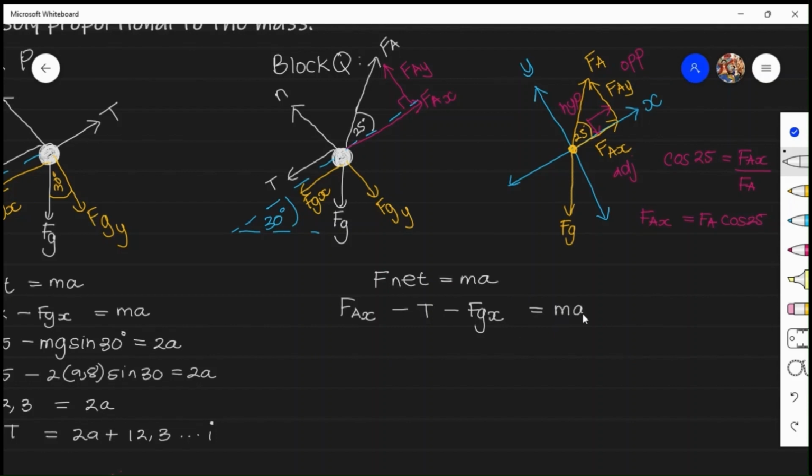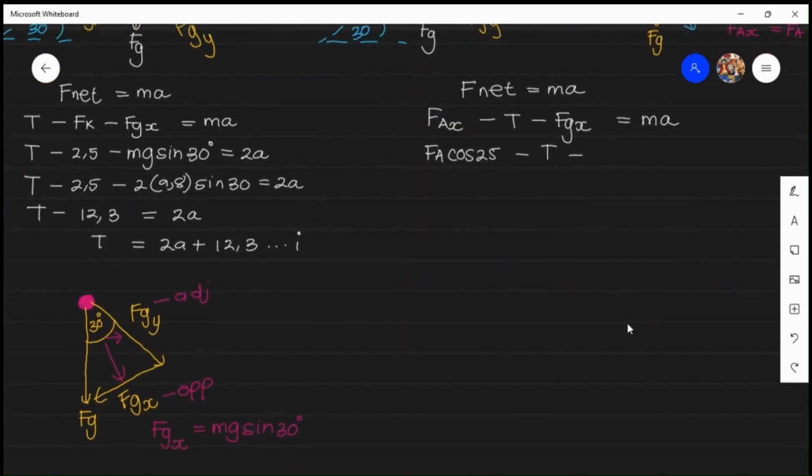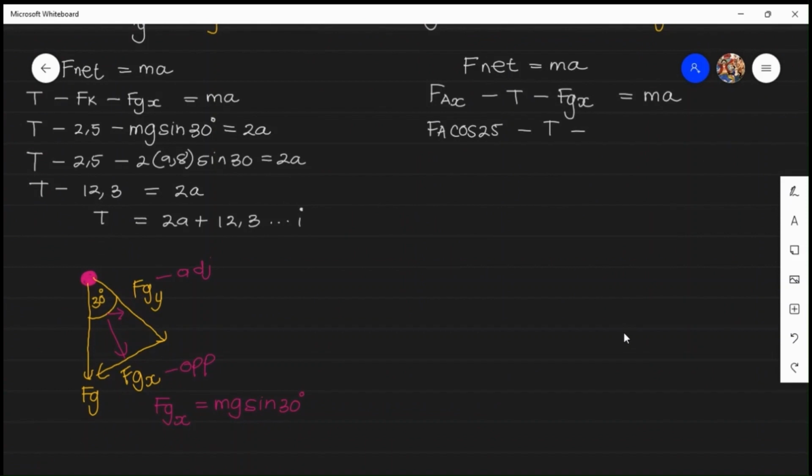equals MA. Now let us break up FAX into what we previously found, which is FA cos 25, minus tension, which is unknown, minus, now if you think back to the previous formula that we broke up, we already identified that FGX is mg sine 30.